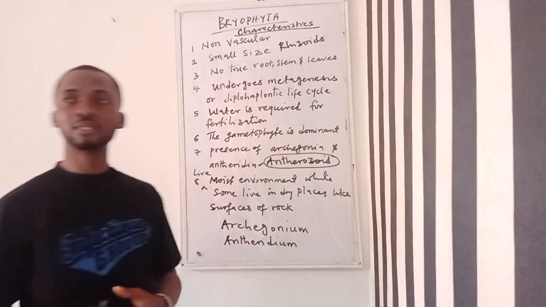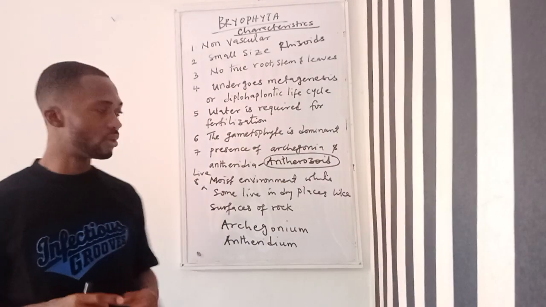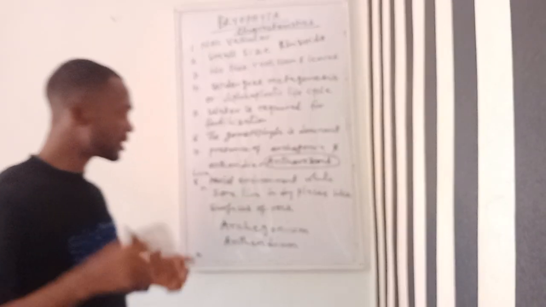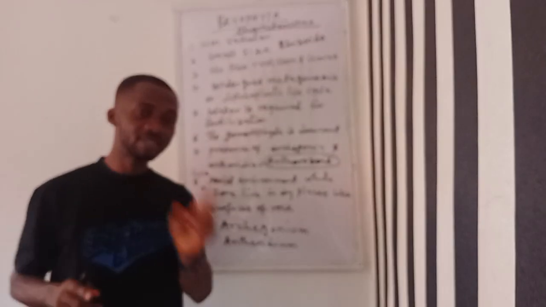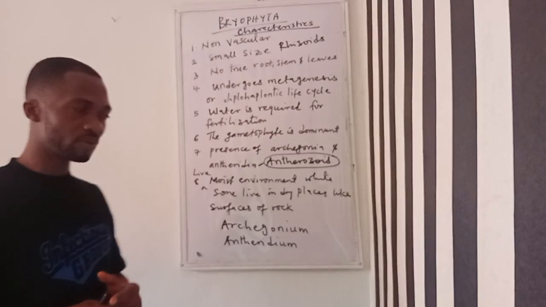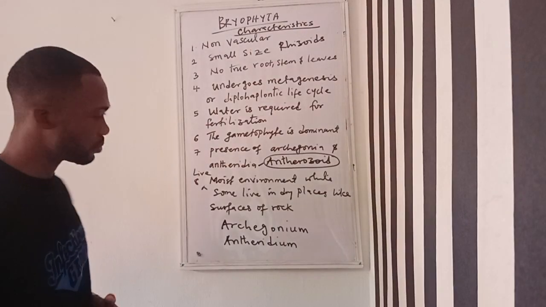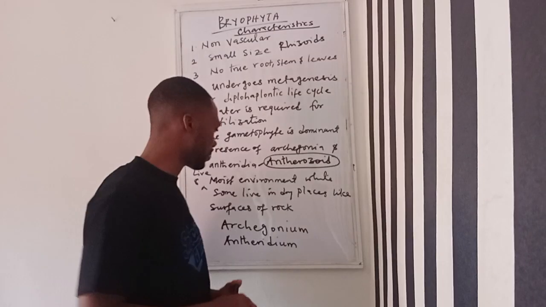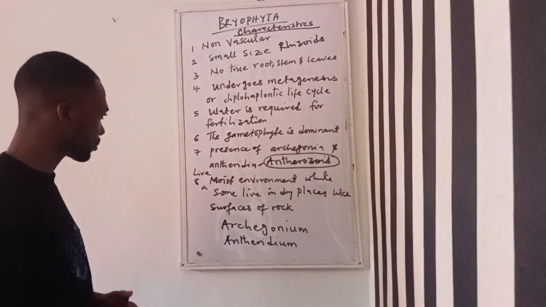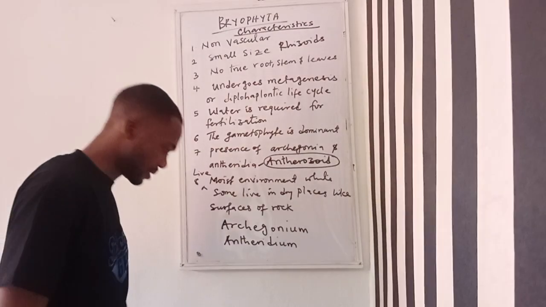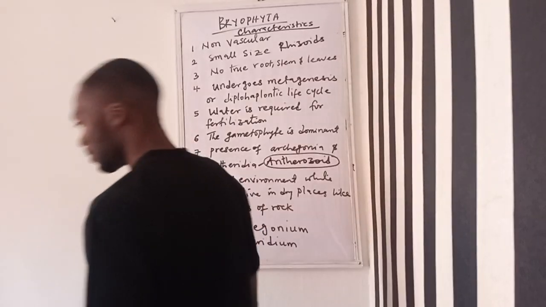But we'll still have some that stay on the surfaces of rock, where they help in disintegration of the rock, and this of course results in soil formation. We'll still look at that when we get to the importance of Bryophyta. Okay, I think that is all about the characteristics of Bryophyta.